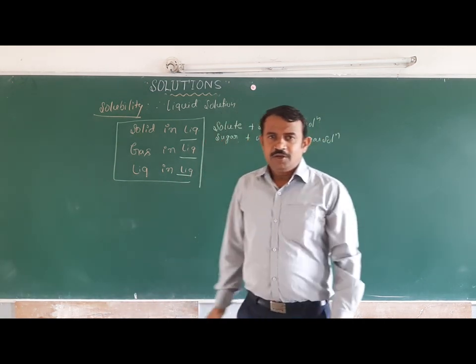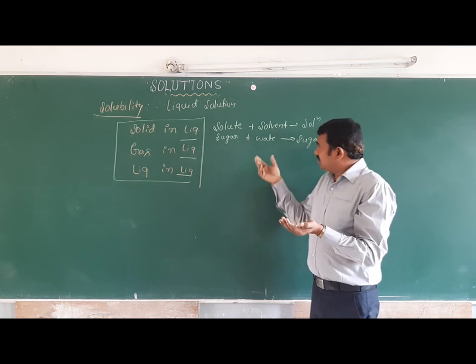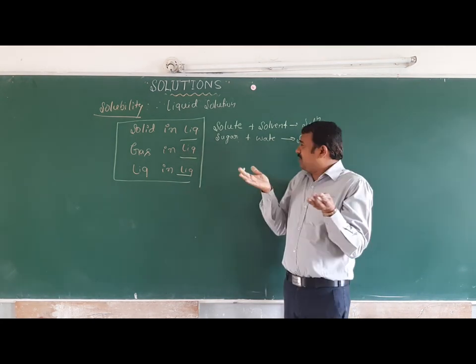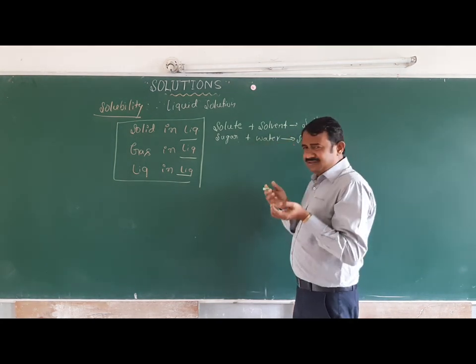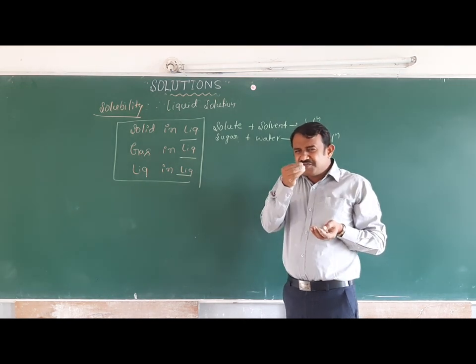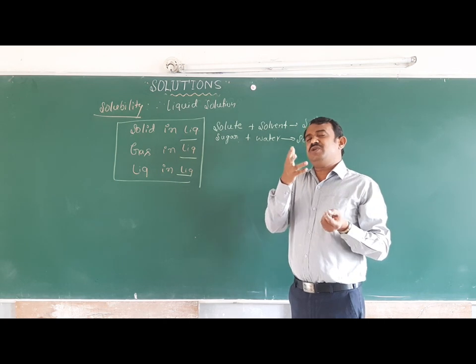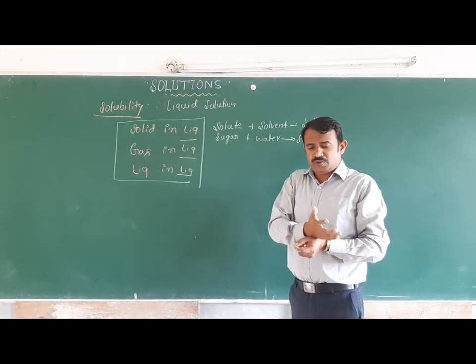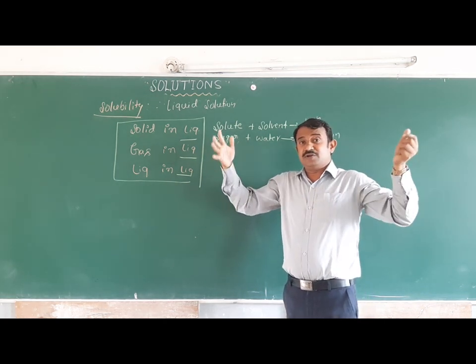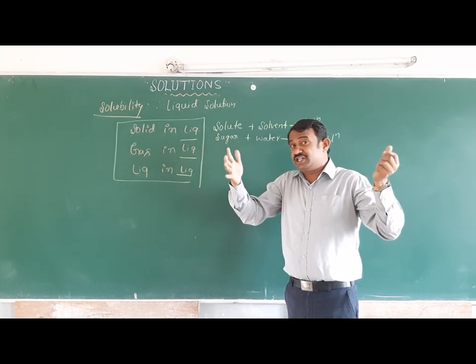We take a large quantity, the maximum quantity, of water and a specific amount of solute. Suppose we are making juice, we are not adding too much sugar and an equal quantity of water.